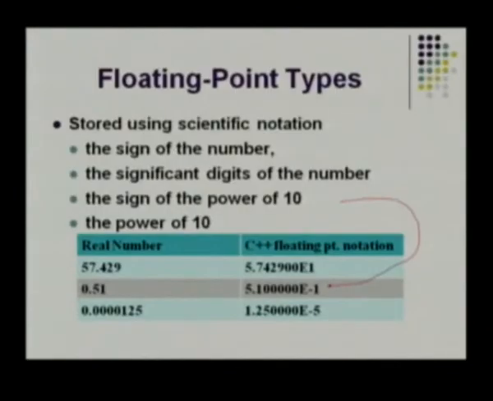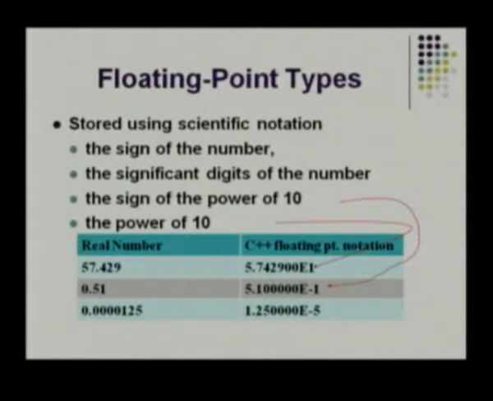We will see examples exhibited in the scientific notation. First is the sign of the power of 10, exhibited by E followed by minus 1, which is equivalent to 5.1 into 10 to the power minus 1. The alphabet E represents the power of 10. The number that follows it represents whether it is a positive or a negative power raise.